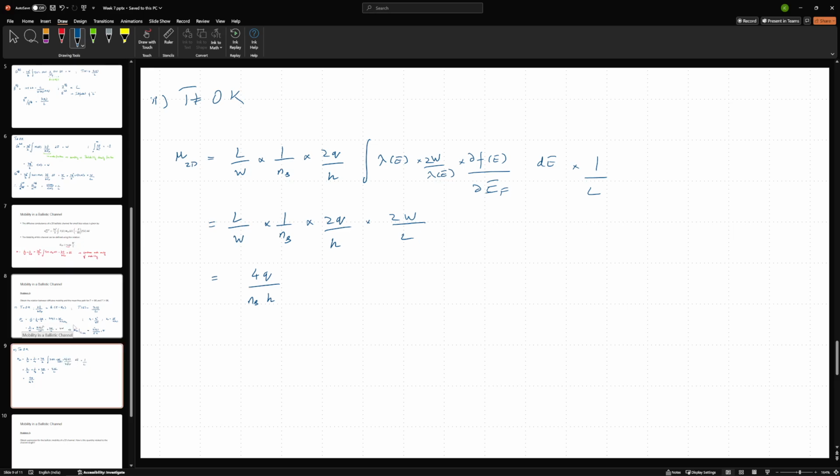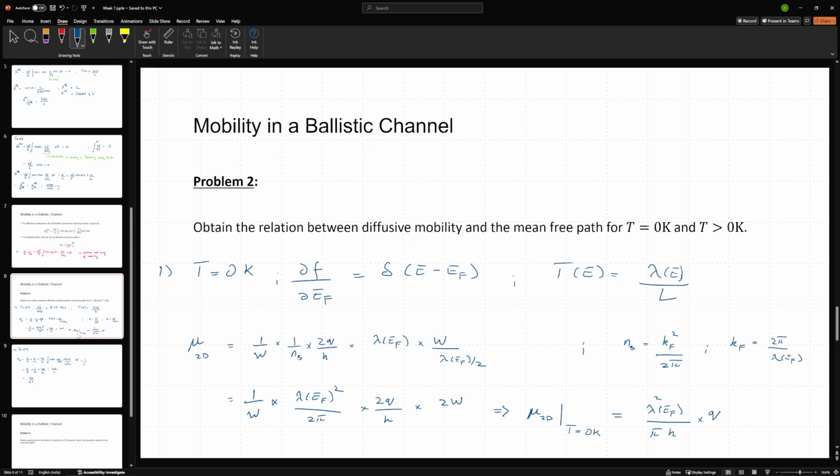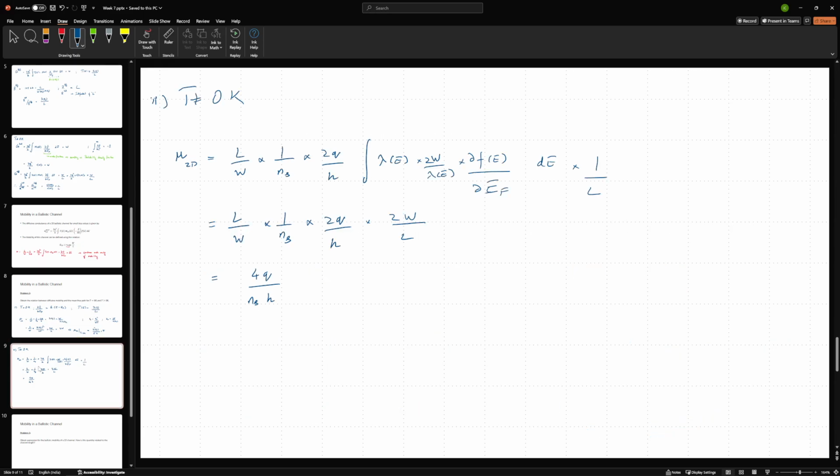Wait a second, just 1 second. Did I miss anything out here when I was doing that? No. Yeah, all is well. So, this is what we shall get. Or alternatively, I need not have done this, and I could have just written this as the average of lambda times n.